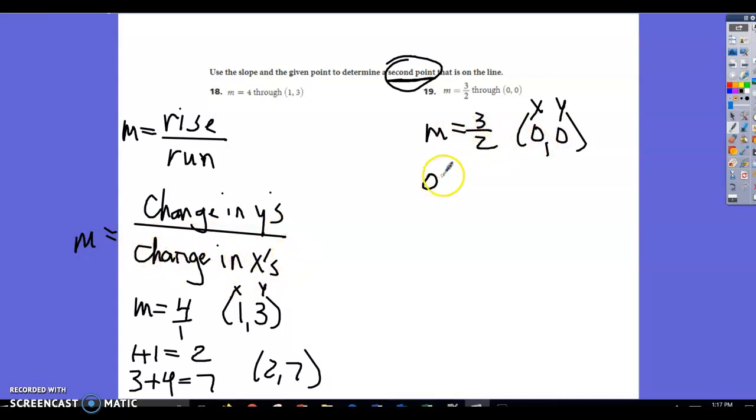Change in x is +2. And I take my y value, which is also 0, and my change in y is 3. So 2, 3 is another point on this line. So you can use your slope and a point to find a second point on the equation.